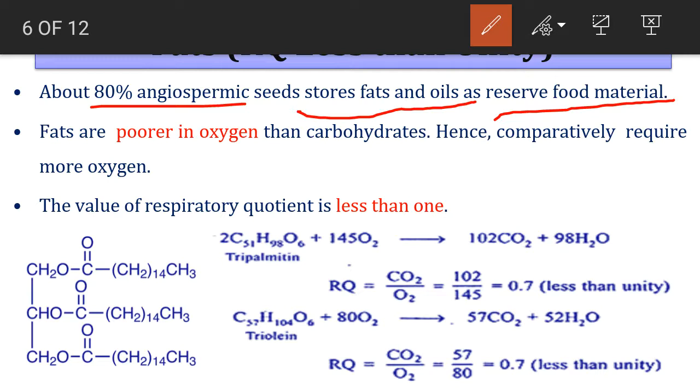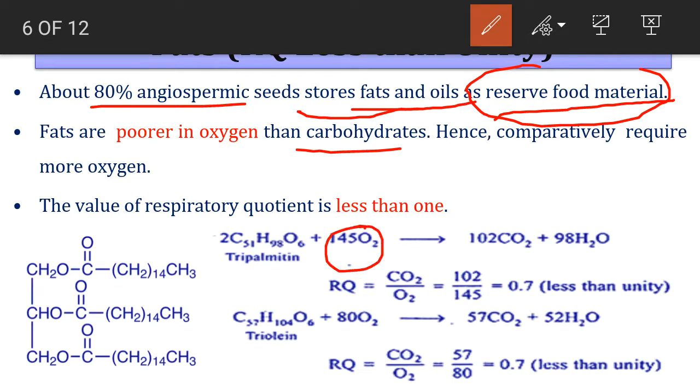For that, the reserve food material in seeds is mostly fats and oils. Fats are poorer in oxygen as compared to carbohydrates. So molecules which consist of fewer oxygen atoms than carbohydrates require more oxygen for oxidation.